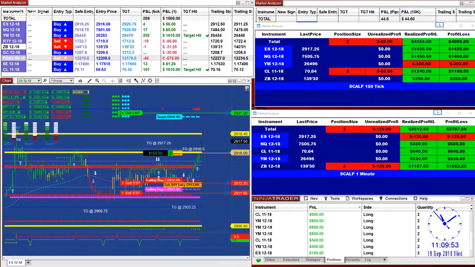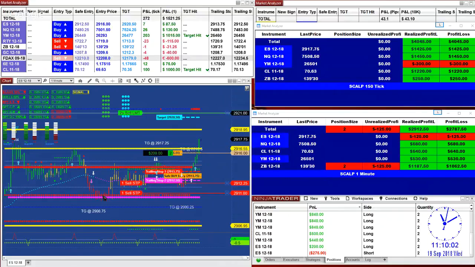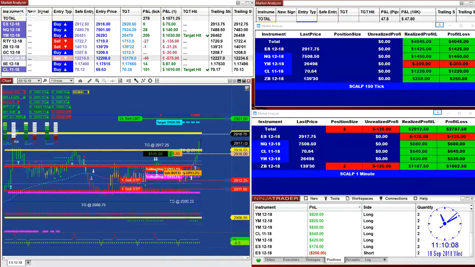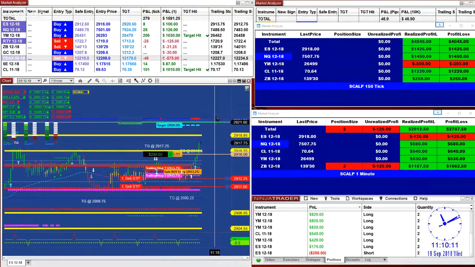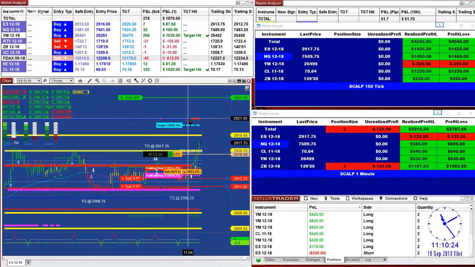And there we go. For the ones following us on the ES, you are already 175, and also on the Nasdaq you are already 150 based on one contract. If you are using the automated trade, you should be exiting at 2050. If you are happy with it, you can exit at 2050.